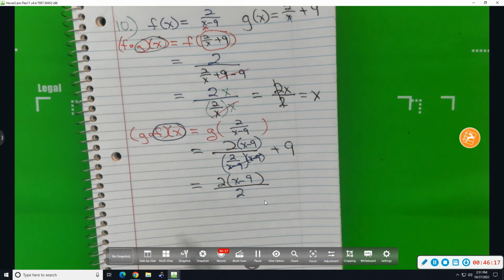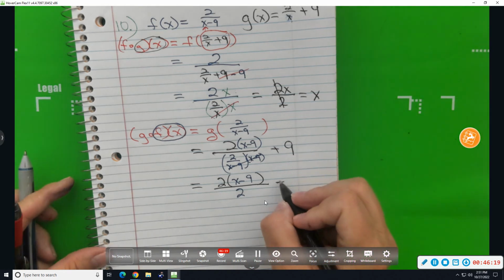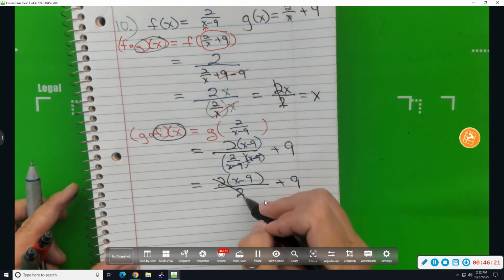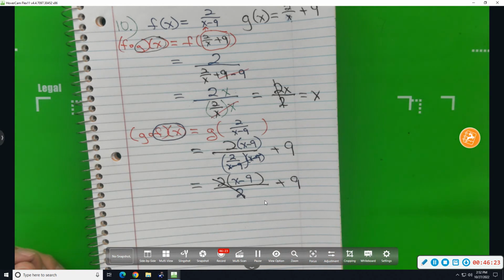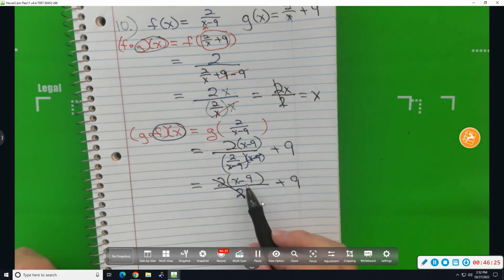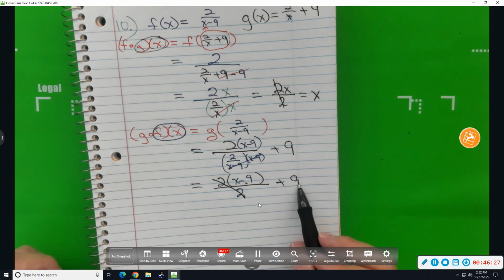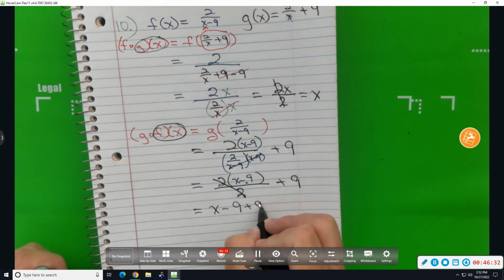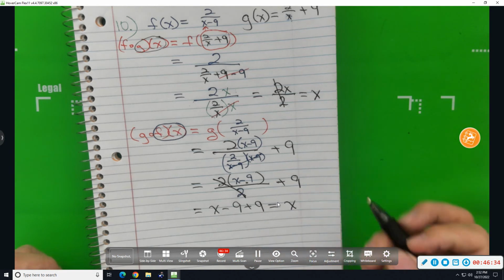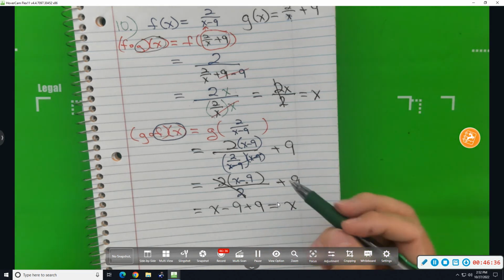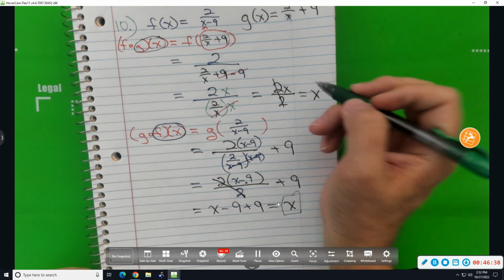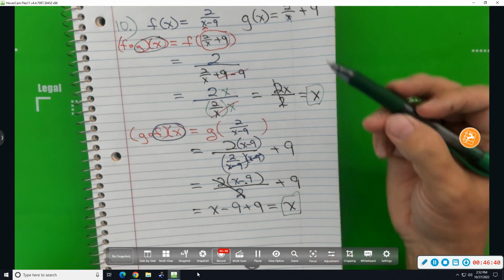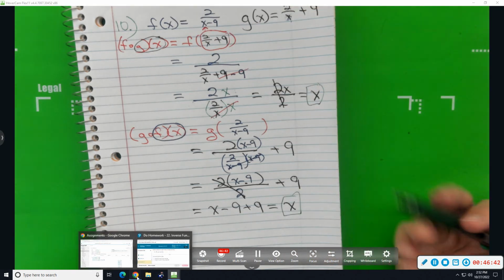I think it's already written in the desired form. The 2's cancel out. So we have an x minus 9 plus 9. What's that about to reduce to? x. Both compositions reduce to x. So yes, f and g are inverses.